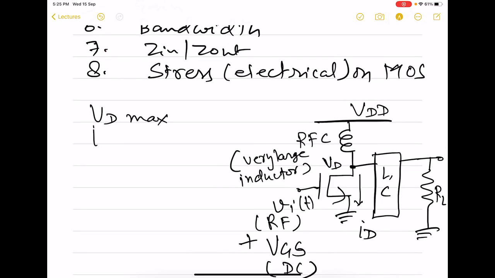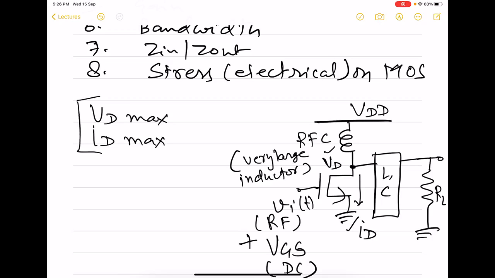Similarly, any MOS will also be able to tolerate a certain maximum drain current through it. So in real life, every MOS will have an upper limit on these two parameters. And because this power amplifier generates a lot of power, it will always have a large voltage and large current. So there is always a possibility that these two parameters might reach or even exceed the limit of the MOS that we are using for designing the power amplifier.